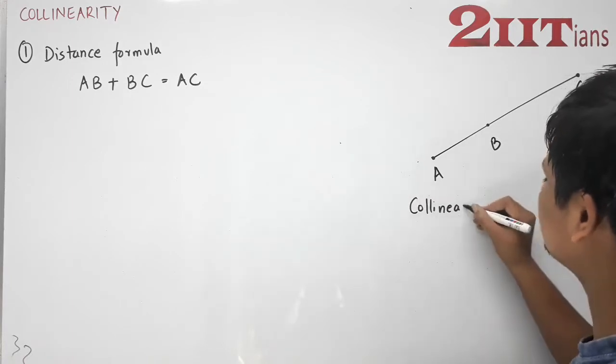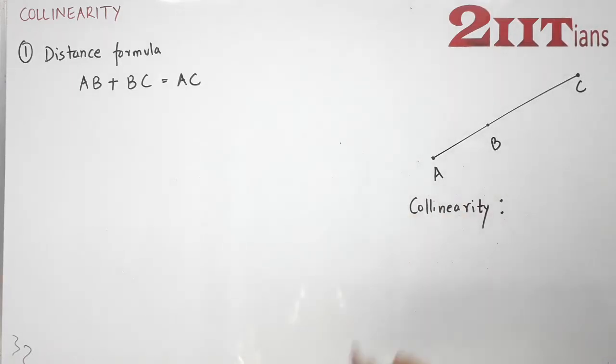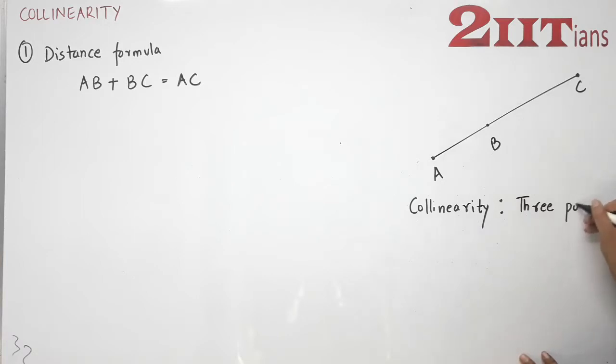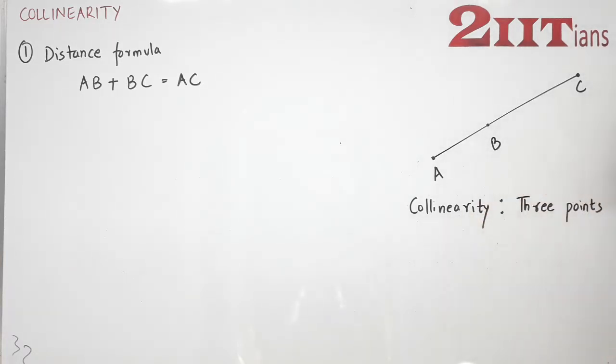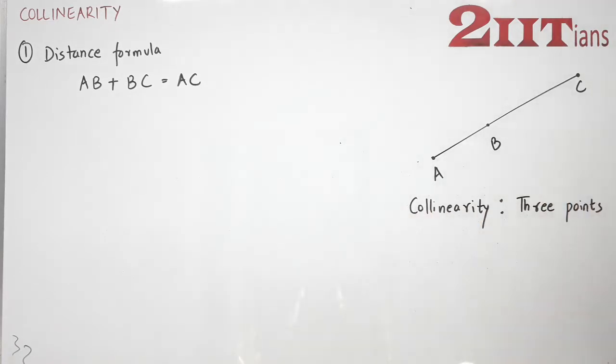Collinearity means that we are going to prove 3 points are in the same line. 3 or more, we can even go for 4 or 5 points, but here we are using only 3 points. 2 points are always collinear.